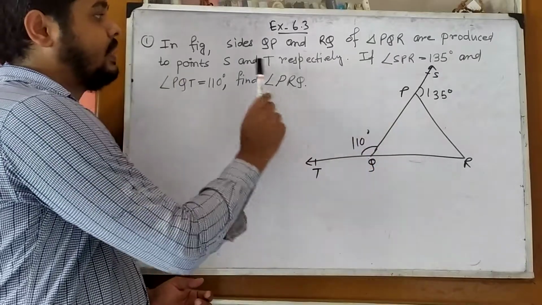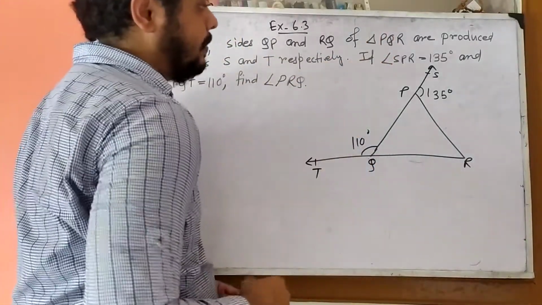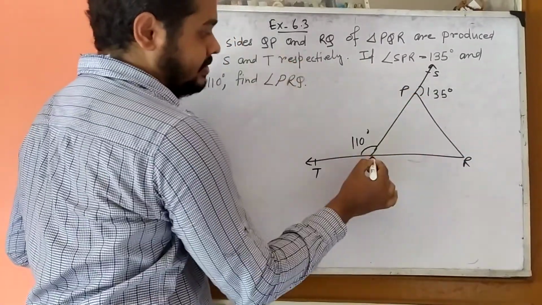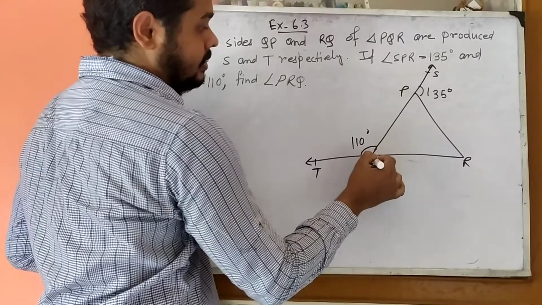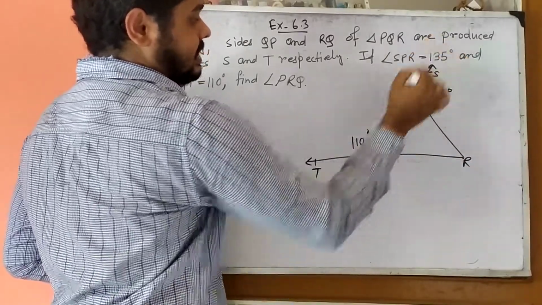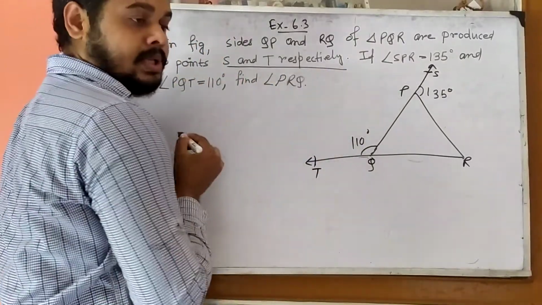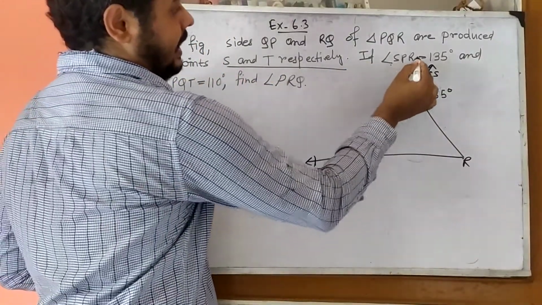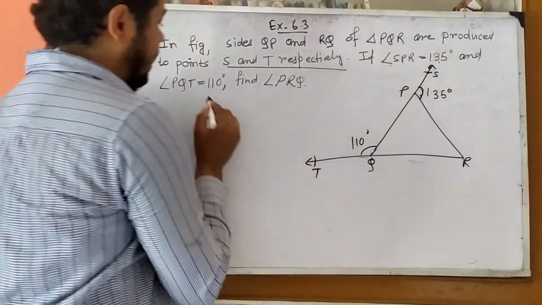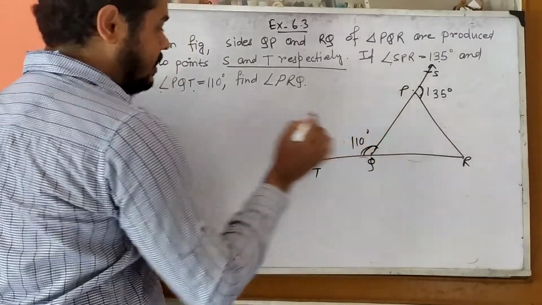In the figure, sides QP and RQ of triangle PQR are produced, that means extended, up to S and T respectively. After that, given angle SPR is 135 degrees and angle PQT is 110 degrees.